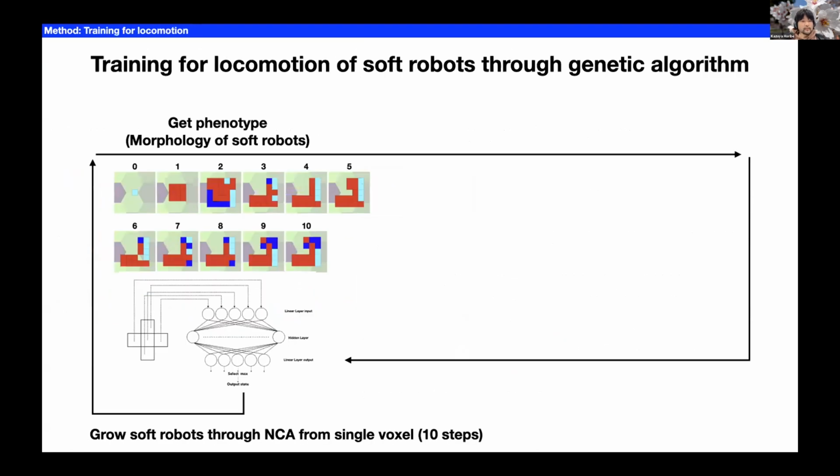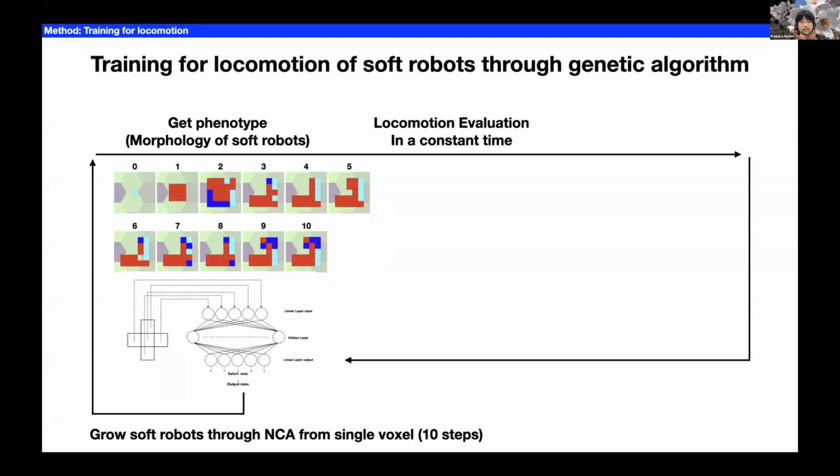Firstly, we try to train the soft robot for locomotion through a genetic algorithm. We grow the soft robot through neural cellular automata from a single voxel cell like this, and get the phenotype, the final state of the neural cellular automata.